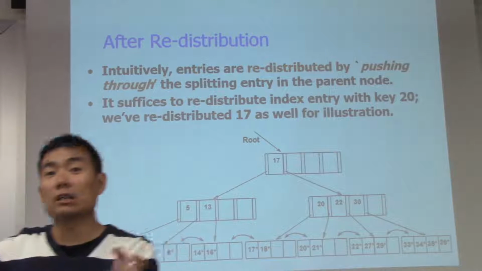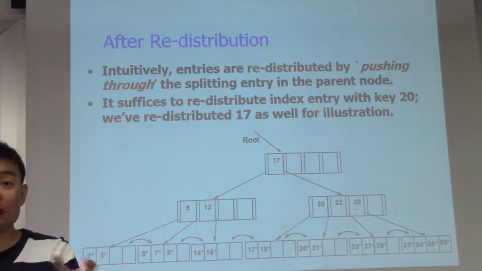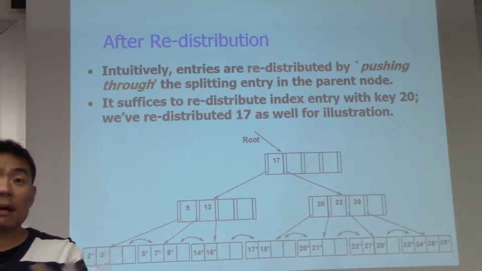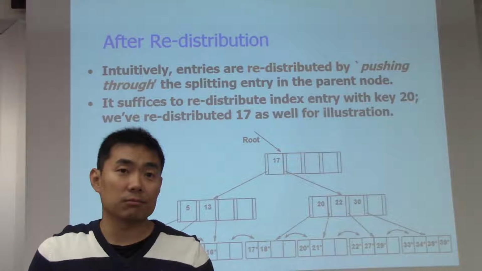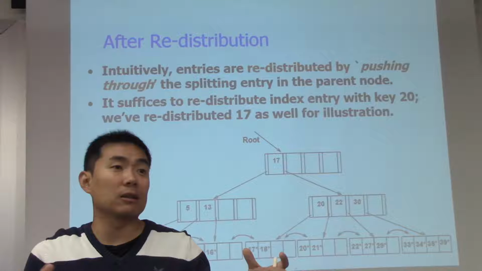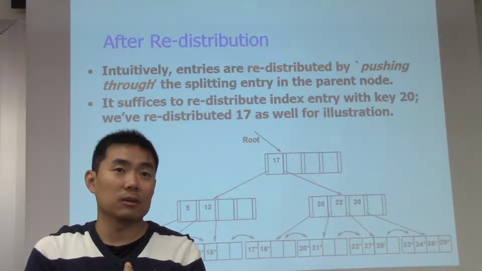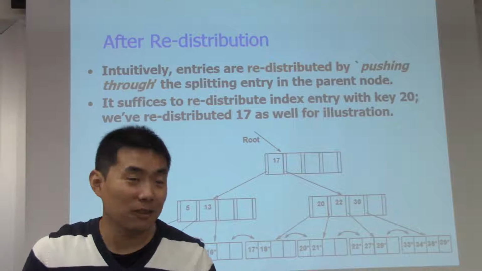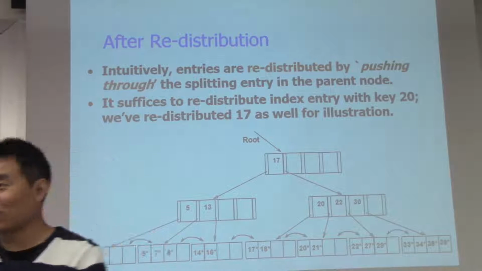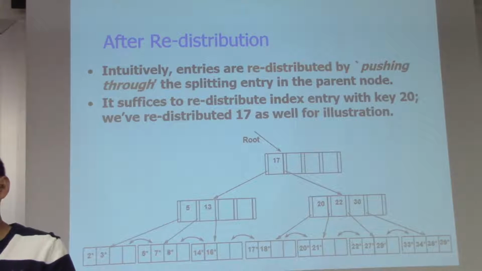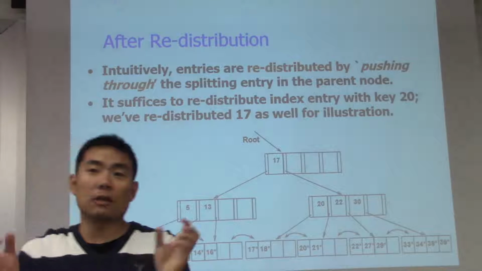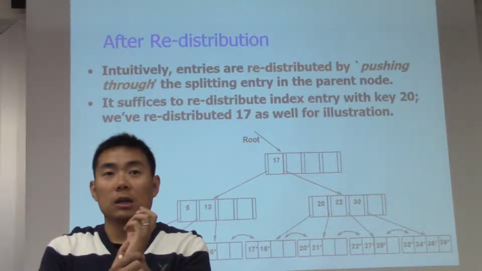You still have to do deletion, but you simply remove the entry without worrying about underutilization ratios. So if a node is underutilized after deletion, let it be. That's trivial, right? You just find it and remove it. So in project 3, we do not require you to do redistribution and merging for a deletion.